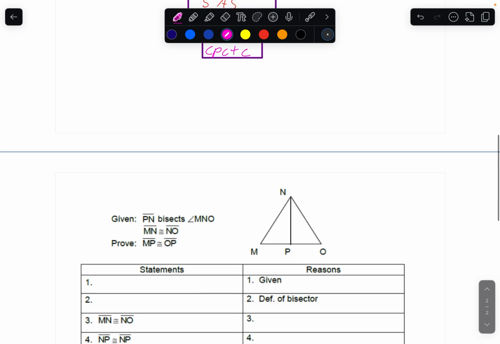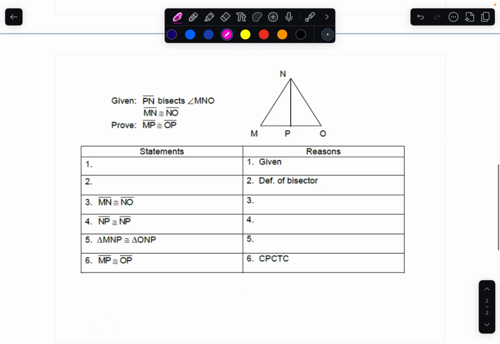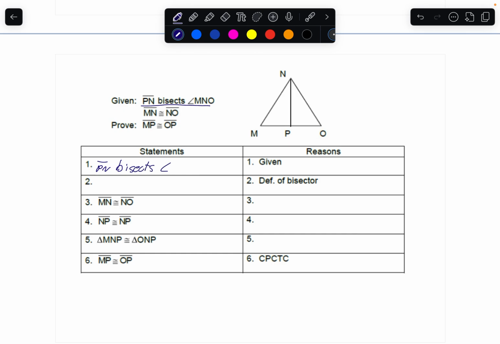Let's look at another example. Here we are. Okay, we're going to take it slow. Let's begin with that. Segment PN bisects angle MNO.